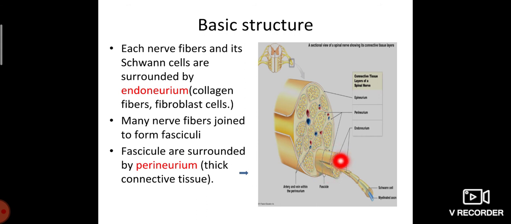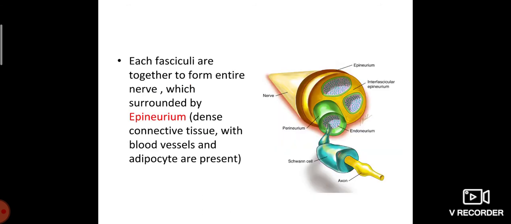This bundle is covered by further thickened connective tissue, which is called the perineurium. Several such perineurium are arranged here. They are totally covered by an epineurium. So these are the three types of connective tissue found attached with the nerve fiber: endoneurium, perineurium and epineurium.